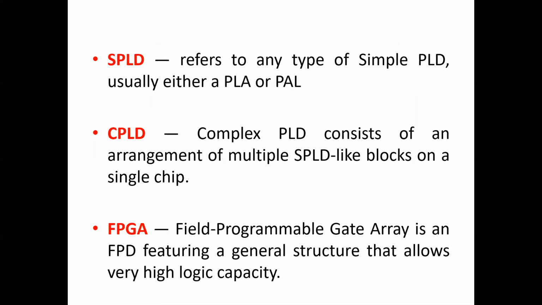Here it will be just a simple AND array, whereas in complex there will be many blocks of AND OR arrays. Field programmable gate array is again a field programmable device which allows high logic capacities, very high end designs, complicated designs can be programmed using FPGA.